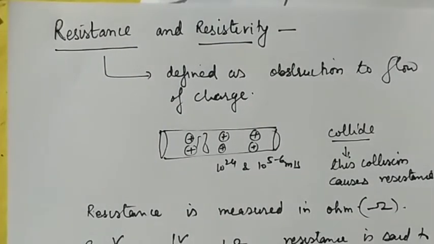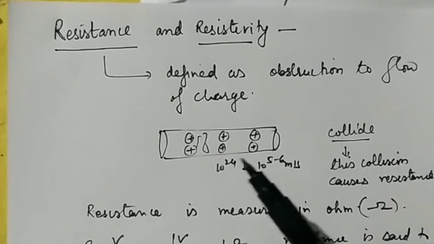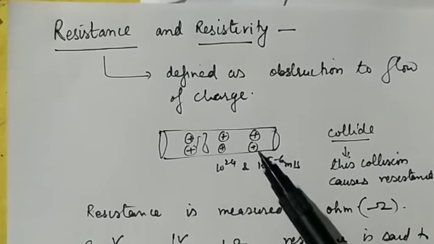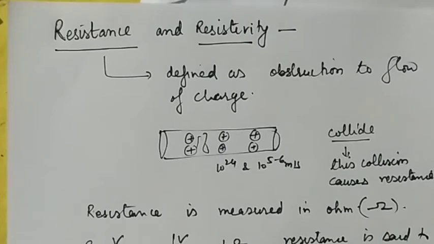As we know, inside a conductor the ions are at fixed positions and the free electrons can move anywhere inside the conductor.